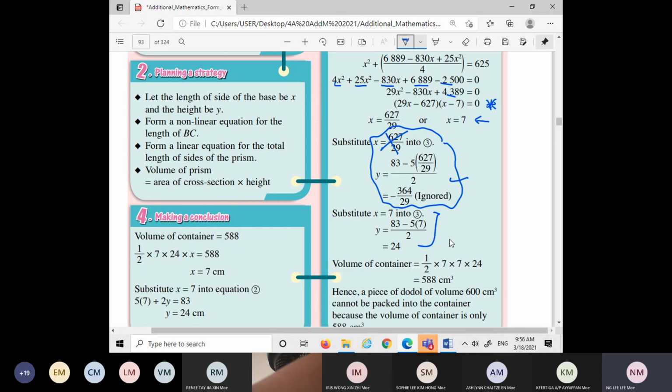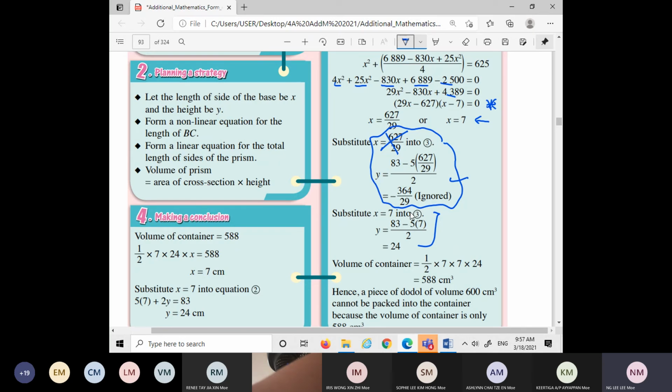Not yet finished. Once you have decided which set of answer to choose, x equals 7, y equals 24. But sometimes two sets of answers can also be acceptable. It's not always only one set of answer. It can be two sets of answers also.